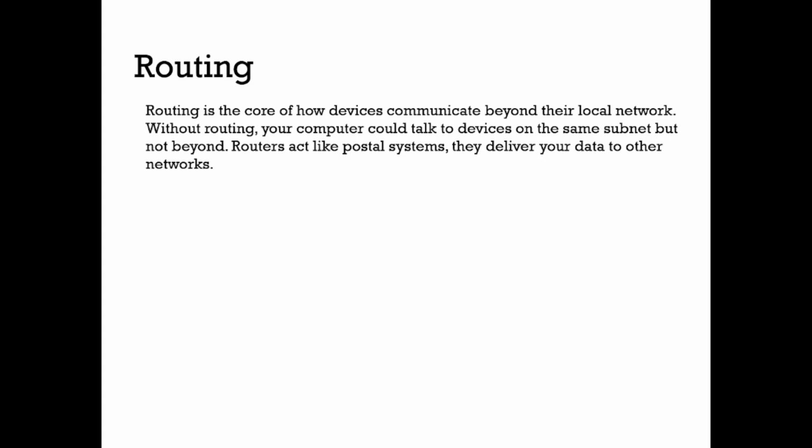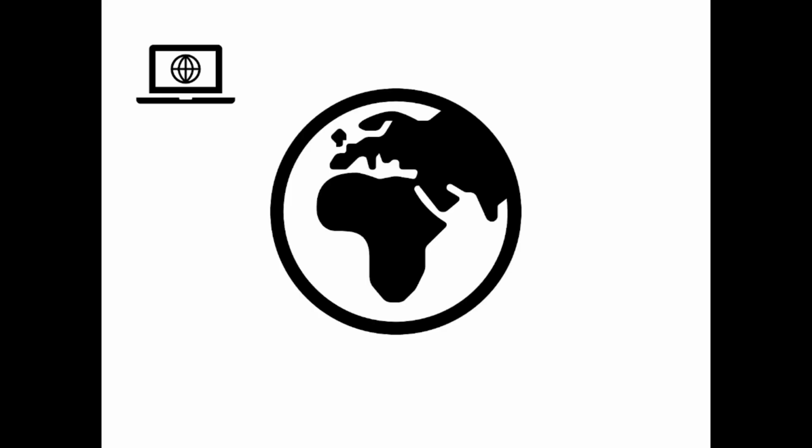Basically, what this is trying to say is that, say, for example, you have a computer and you're trying to talk to, let's say, a Google server or Facebook server over the internet. Routing defines how your request gets to that particular server.